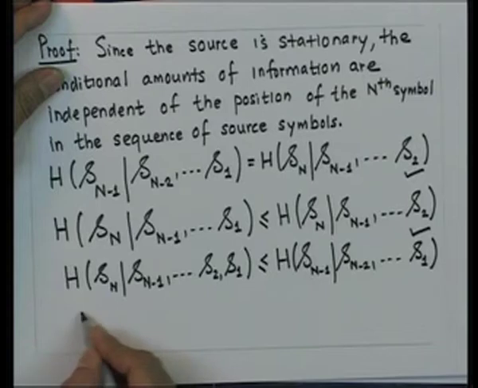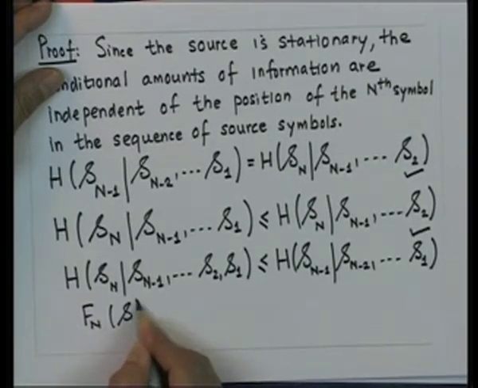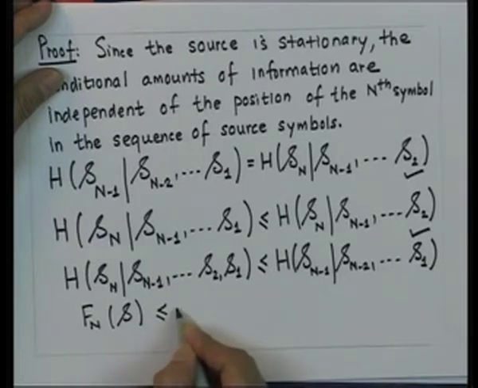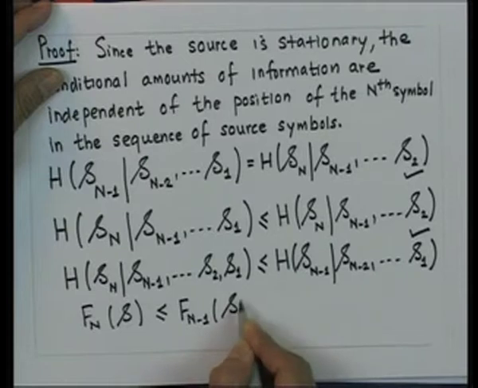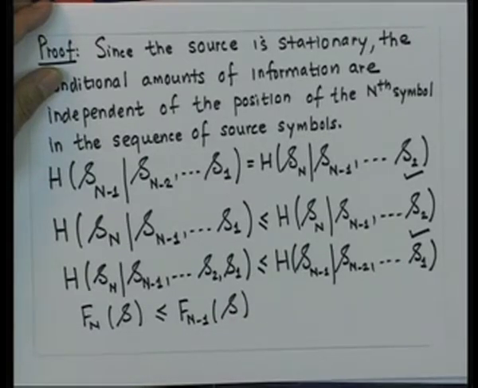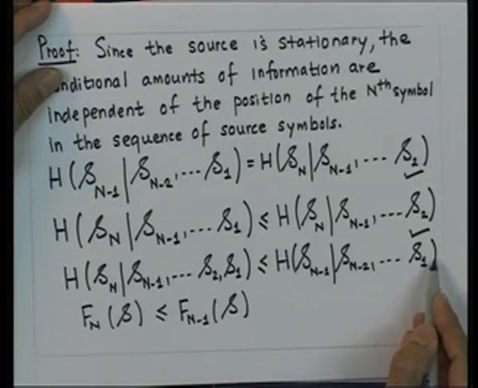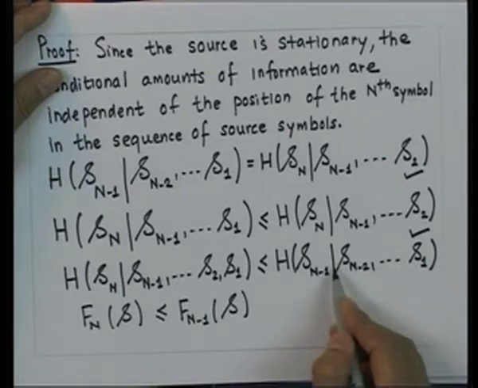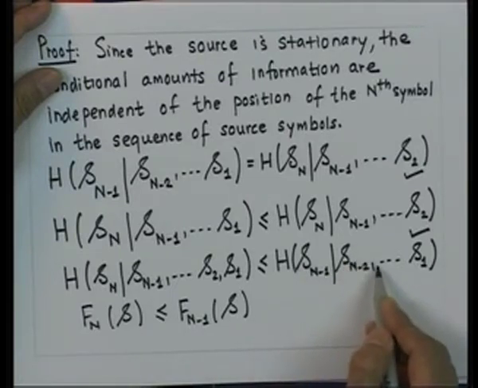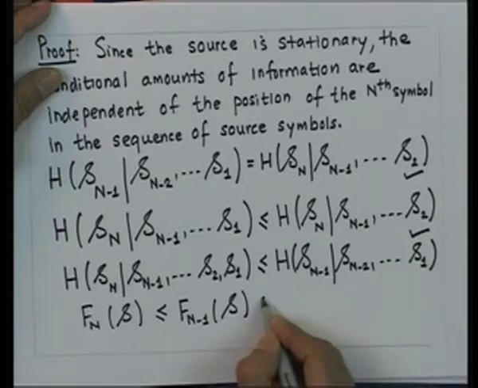By definition this is nothing but Fn of S is less than or equal to F of n minus 1 of S. Similarly I can extend: H of Sn minus 1 given Sn minus 2 to S1 is less than or equal to H of Sn minus 2 given Sn minus 3 up to S1.